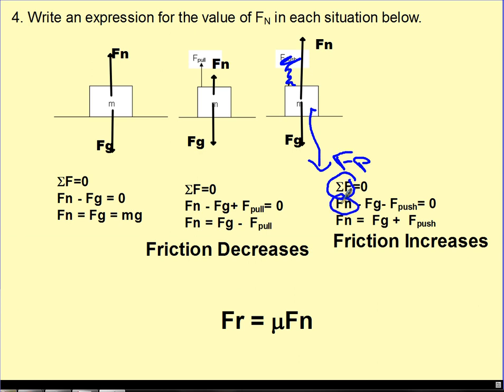So, I have plus my normal force, and then minus Fg minus F push. Solving this for the normal force, I get that the normal force is equal to Fg plus the push. In this case, it's very easy to see that the frictional force is going to increase because my normal force is going to increase by the amount of that push or pull.